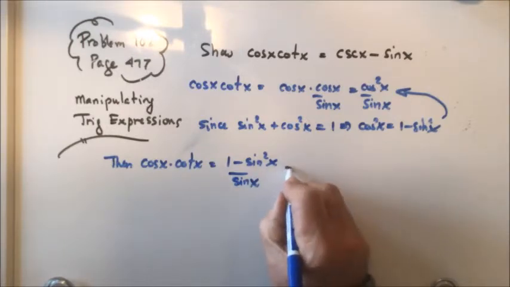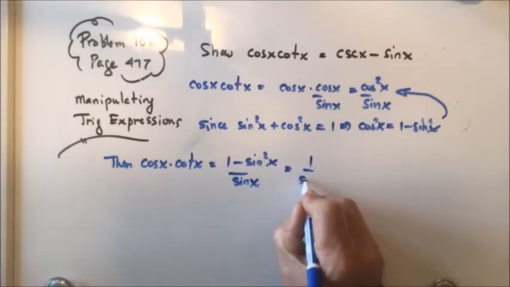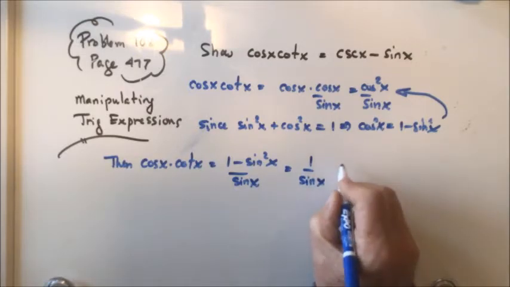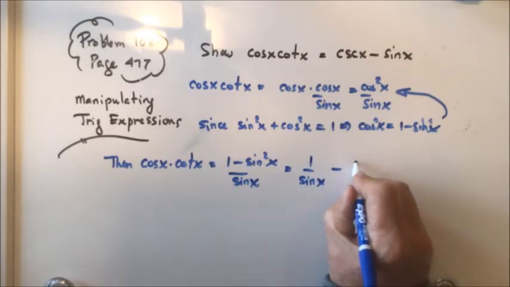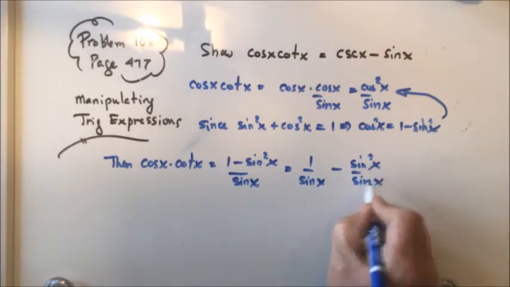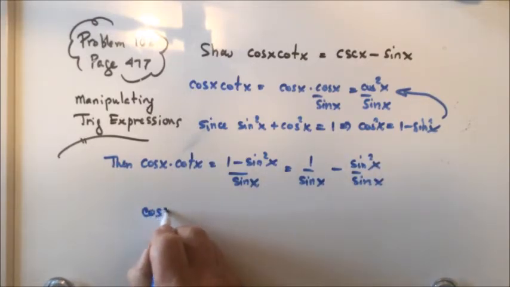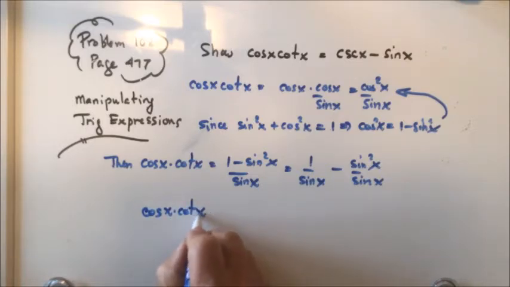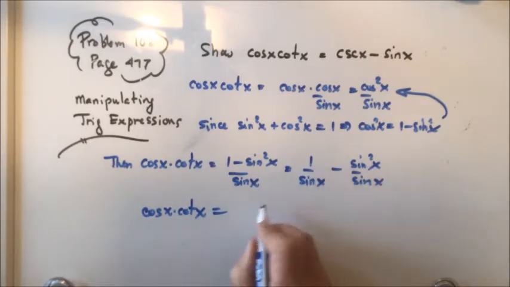And now this, of course, is two different fractions, 1 over sine of x minus sine squared x all over sine x.